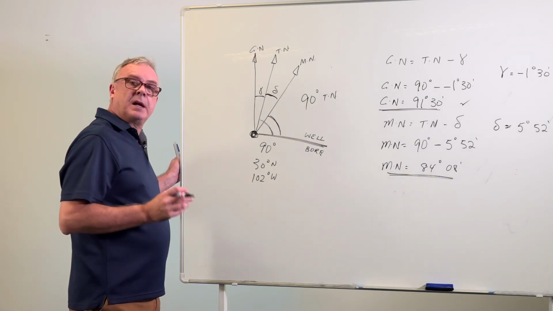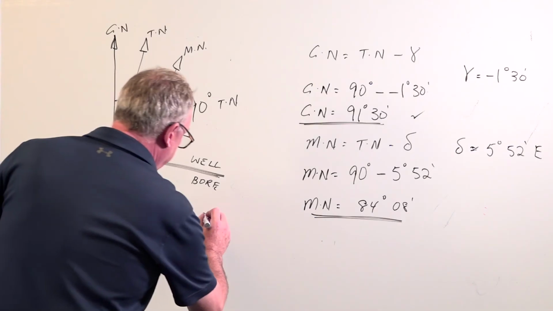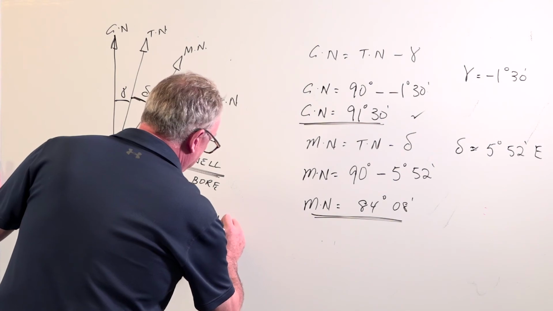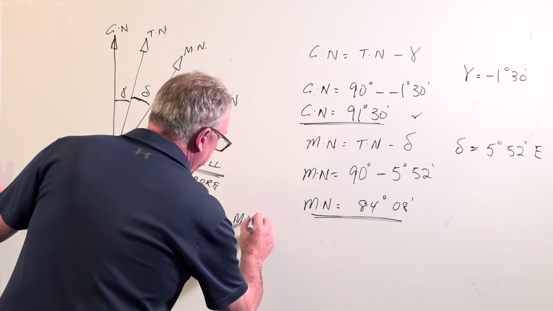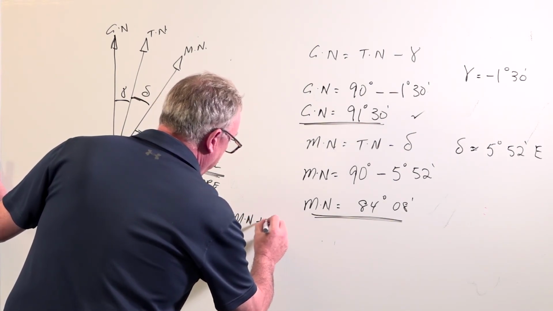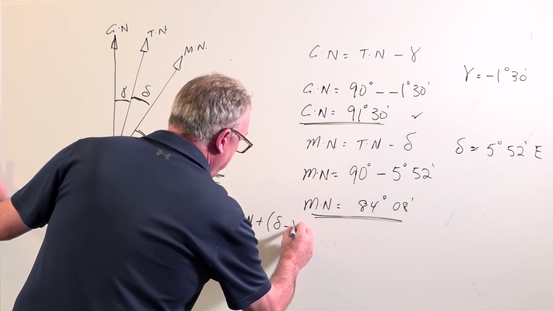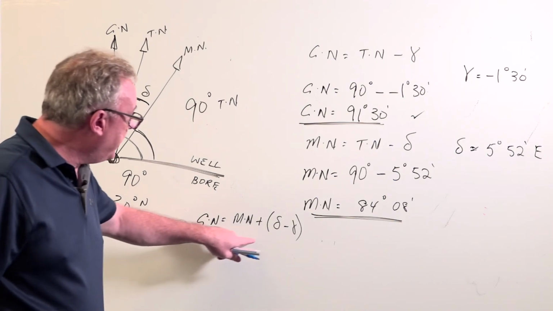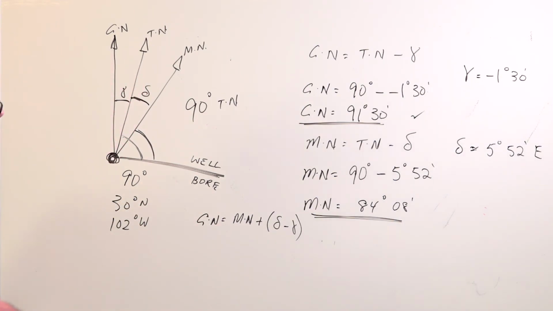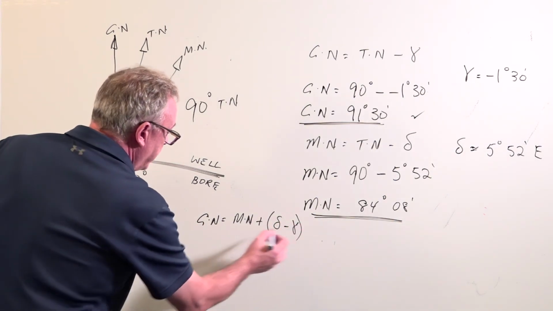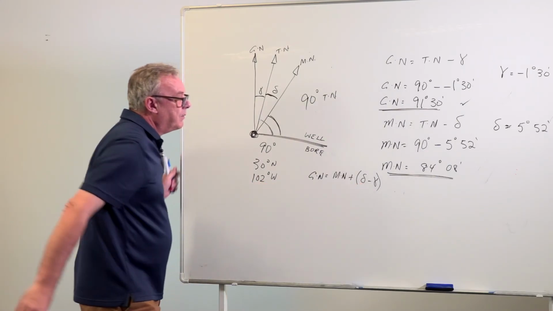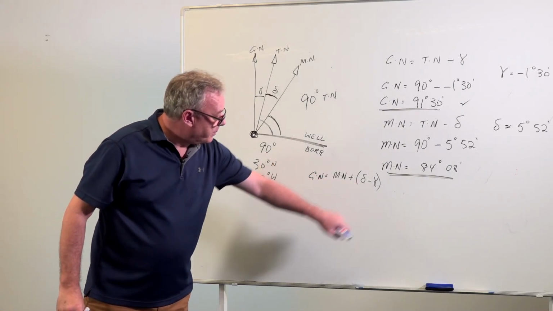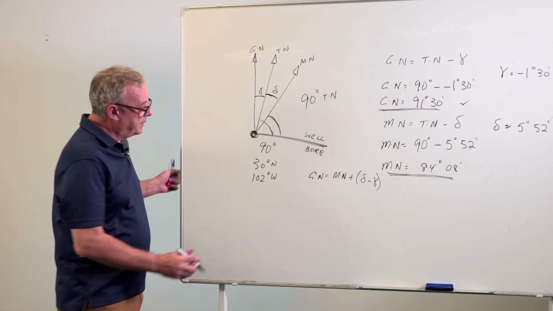And if we apply that last expression that we got to, which was grid north equals magnetic north plus declination minus convergence, let us now just plug these numbers into this expression, and we can then get back to grid north using the three variables that we've got on the right hand side there.